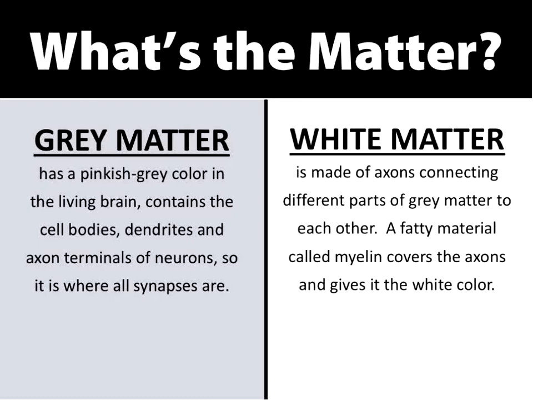Then you have the white matter, which is made of axons that connect the different parts of the gray matter to each other, so that information can move very quickly through the brain, in a matter of thousandths of seconds, from one section of the brain to another. The myelin that covers the axon gives it the white color that you see.